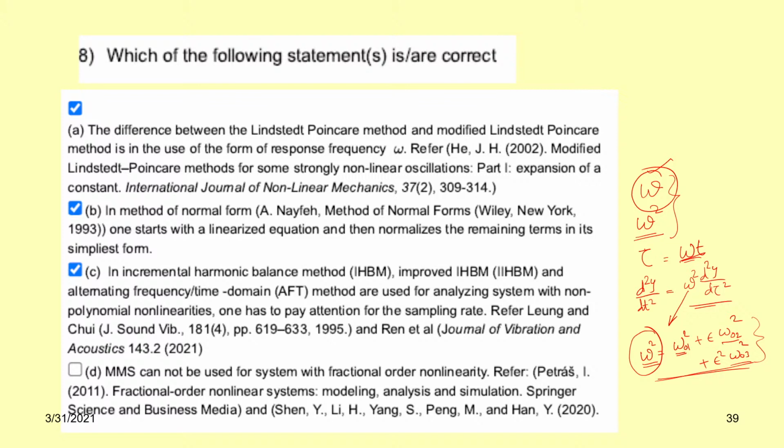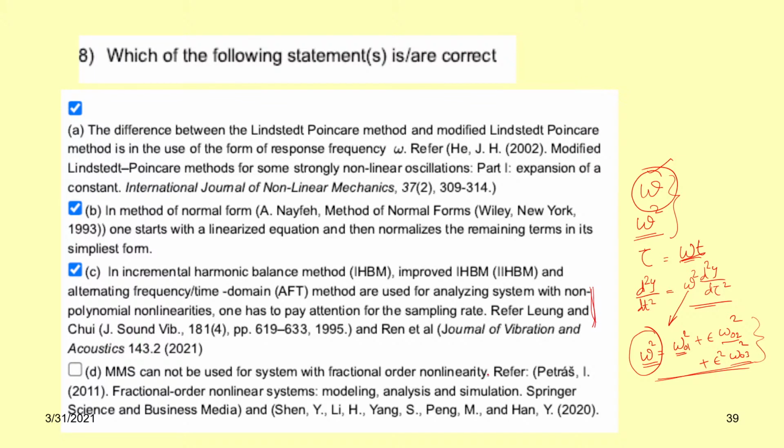One has to pay attention to the sampling rate. Three papers have been given here, so you can see these papers to know more regarding these methods. Okay, so these three options were correct.